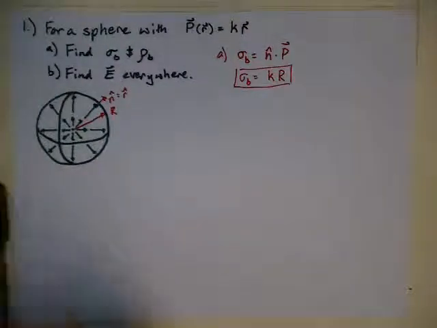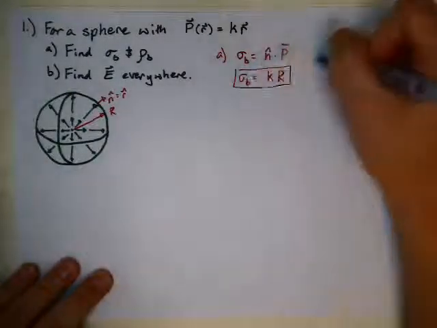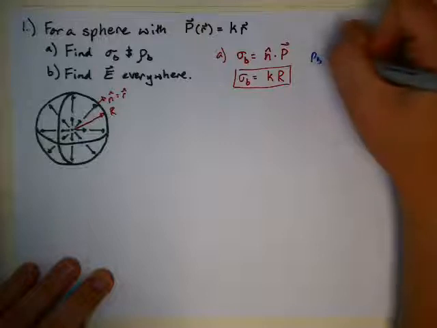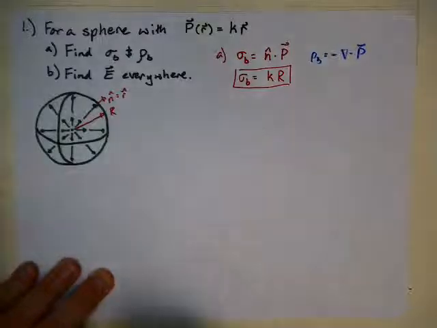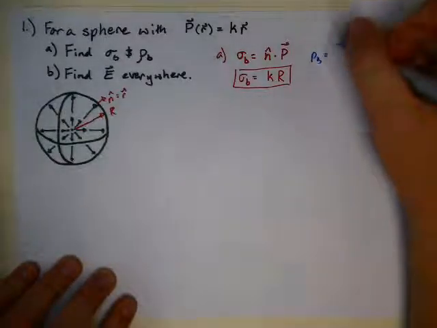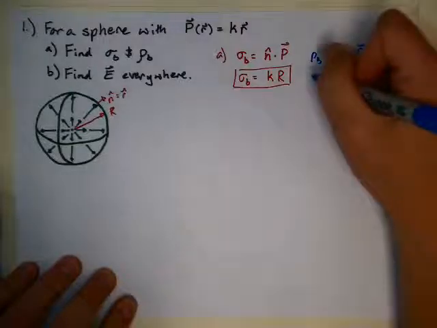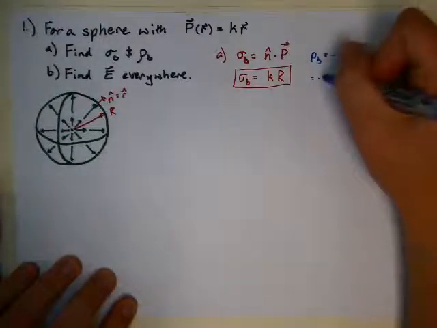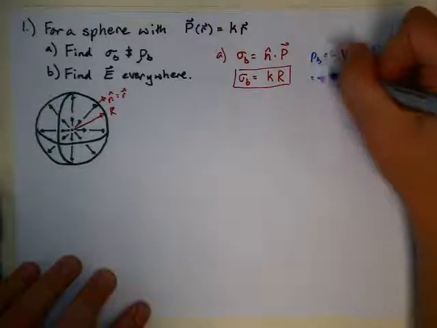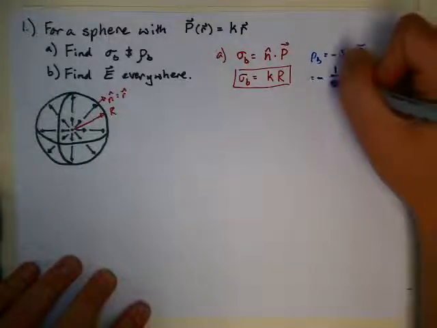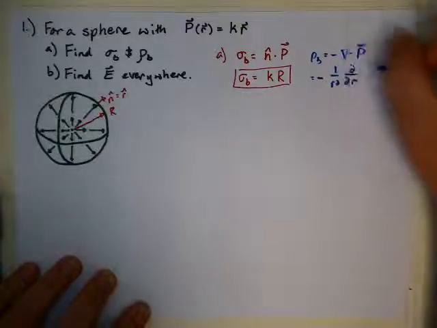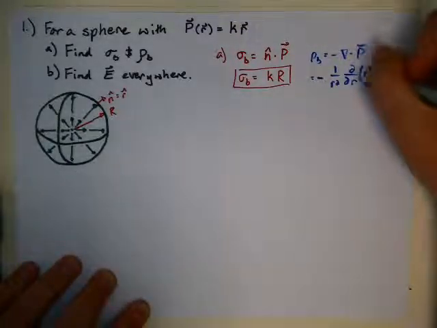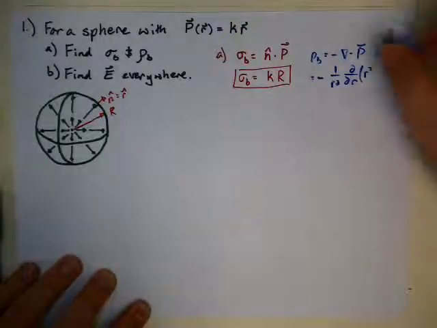Now we'll find the volume charge density, rho b. The definition is that rho b is minus the divergence of the polarization vector. When I look up the divergence in polar coordinates in the front of the book, this is going to be minus 1 over r squared, partial with respect to r of r squared times the r component. The r component of P is simply kr.